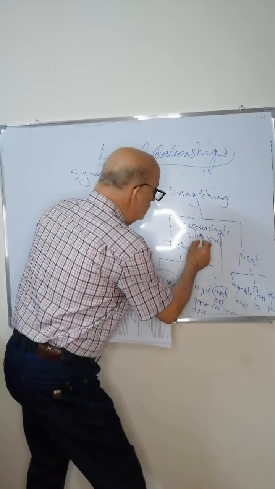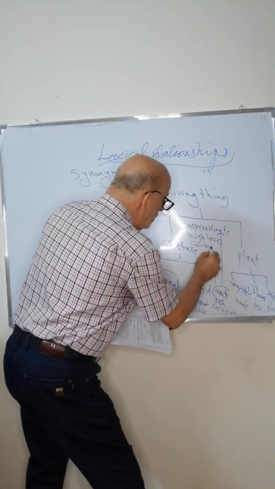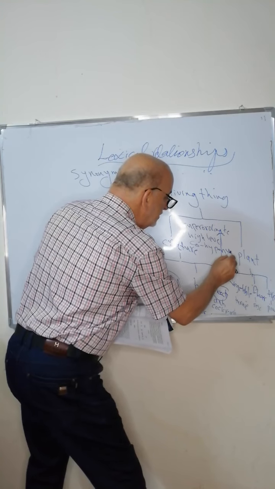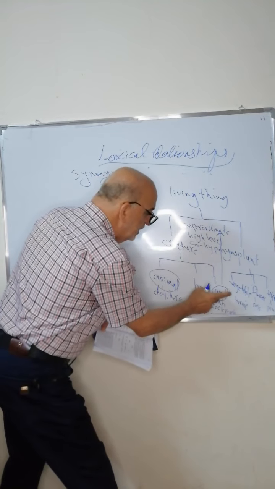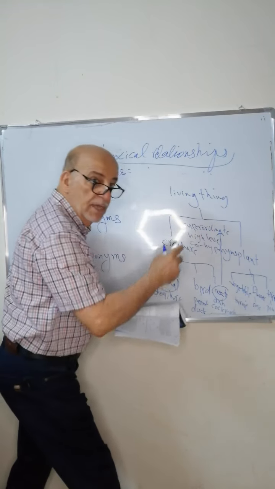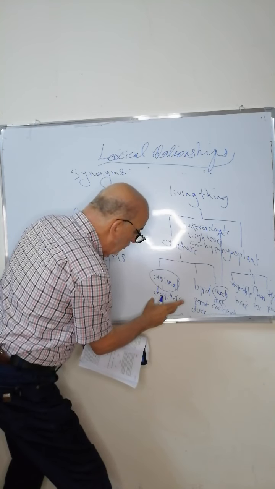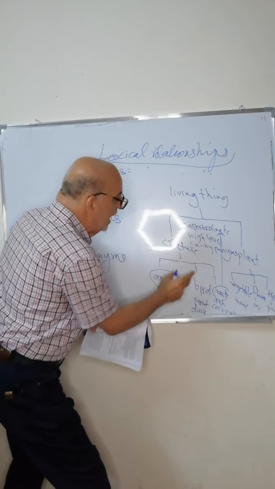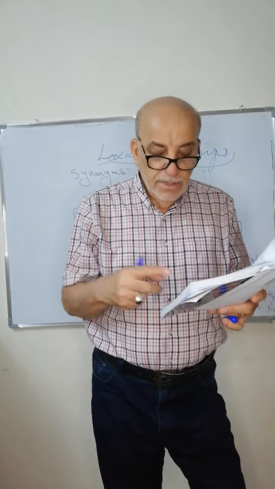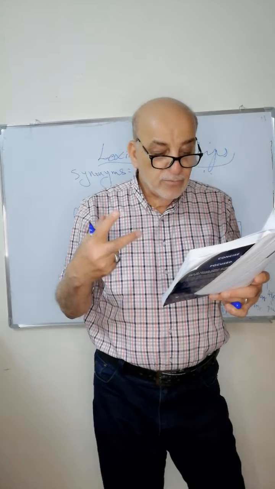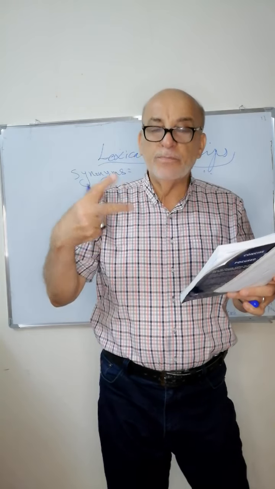Then I have superordinate and co-hyponyms. So animal and insect are superordinate, high level. Now dog and horse, because they are under animal, I call them co-hyponyms. They share the same superordinate.